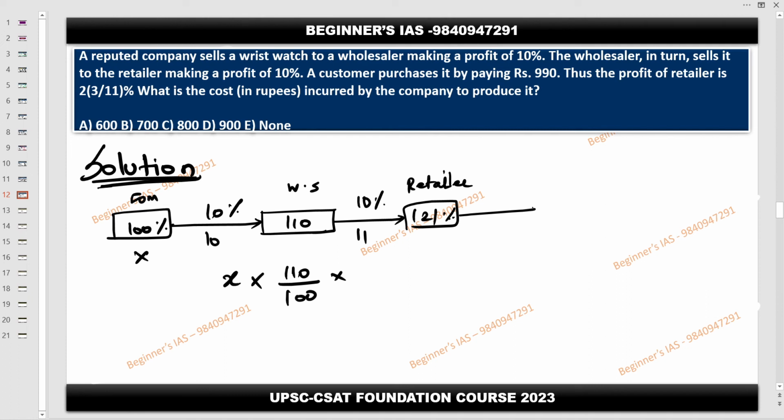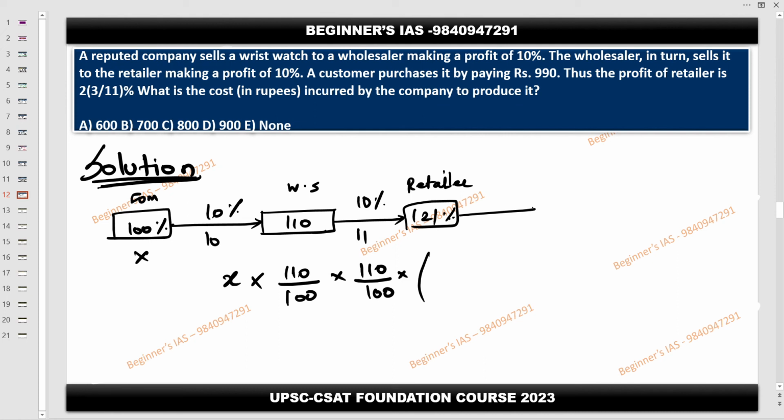The reputed company sells a wristwatch to the wholesaler making a profit of 10%. Then the retailer 10%. A customer purchases it by paying 990.